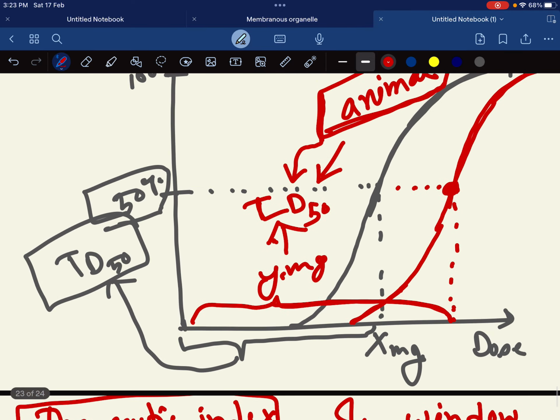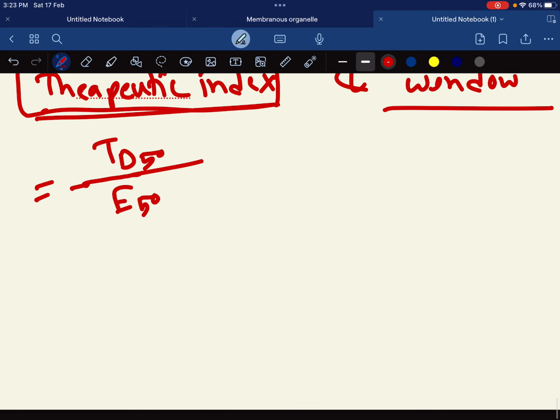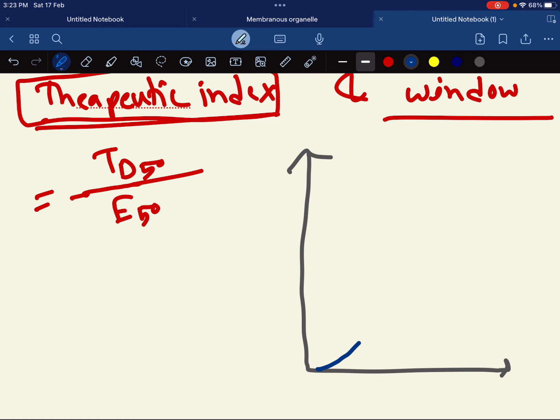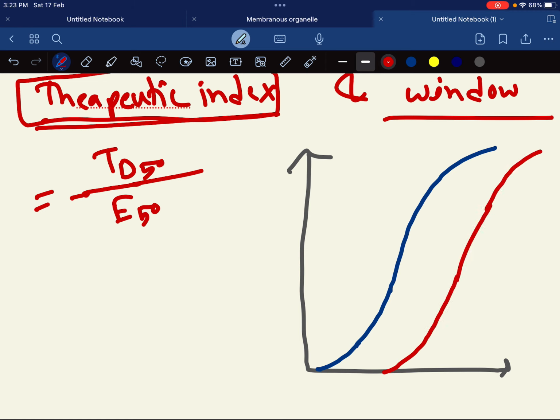That means, say, this is our curve. Let me draw a curve. Say this graph is for efficacy, and this curve is for toxicity. Again, you know that the median effective dose can be obtained by considering 50% of the people.